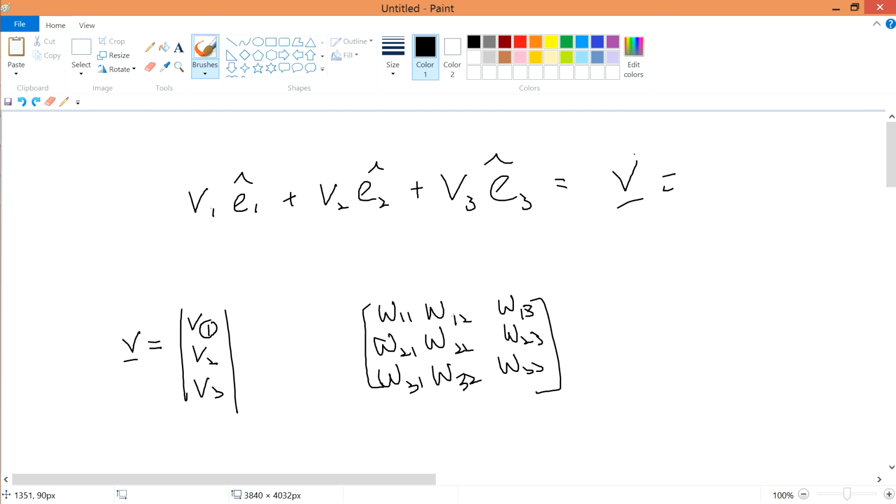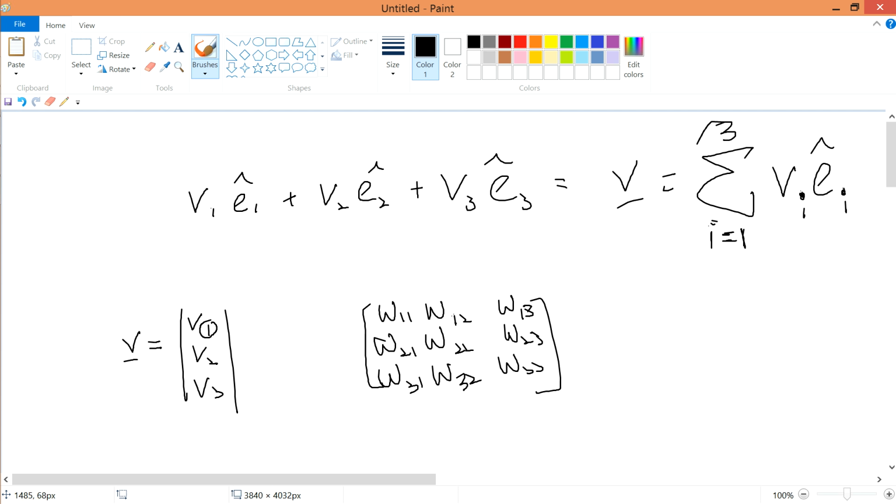Since we have v1 e1 and v2 e2, they have some similarities, and therefore we can summarize them and rewrite them as vi ei hat, with i going from 1 to 3.